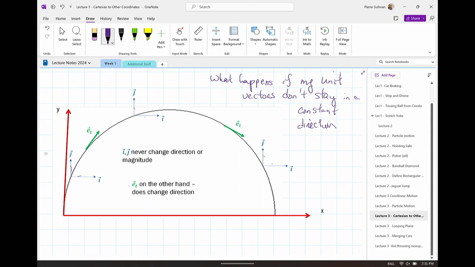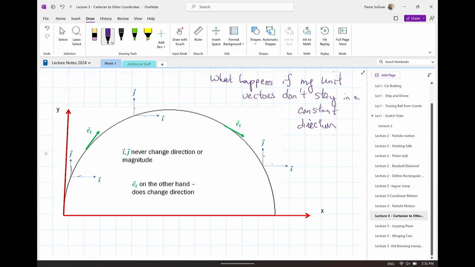Now, there are other types of coordinate systems I might want to define. And one here is tangential to the curve or the path of motion. This is something you might see with a projectile.